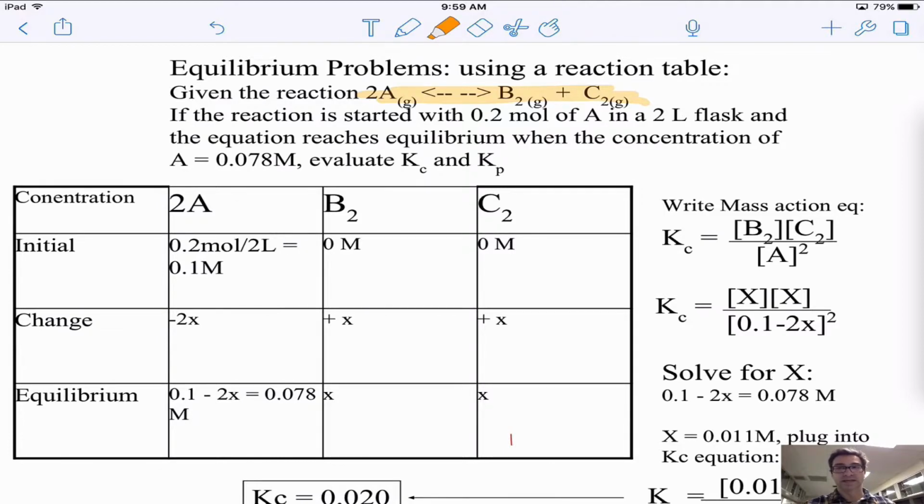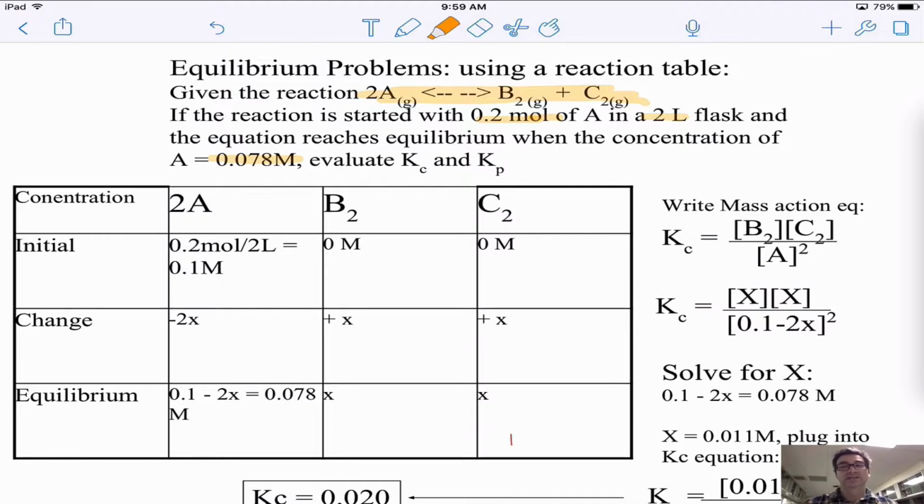They say that there is 0.2 moles in 2 liters, and the equation reaches equilibrium when the concentration of A is 0.078. So they give you some starting information, and they give you an ending equilibrium concentration.